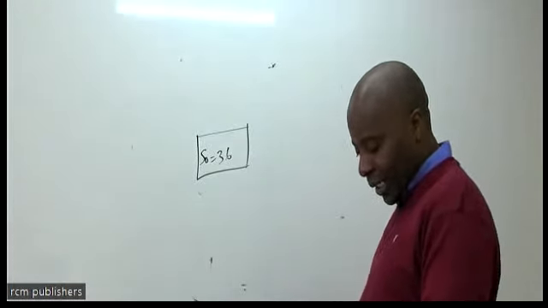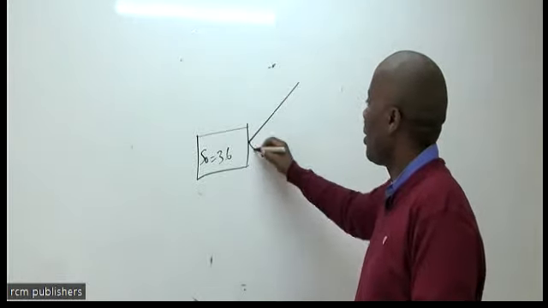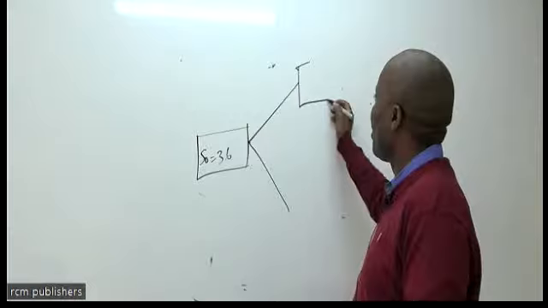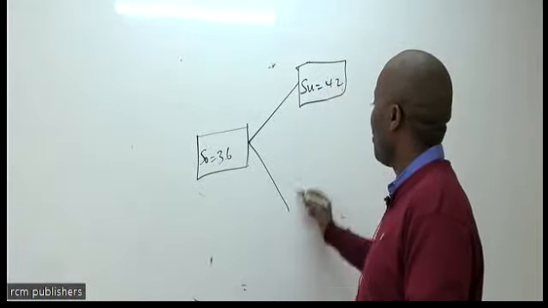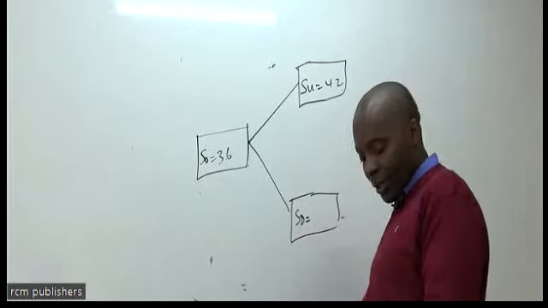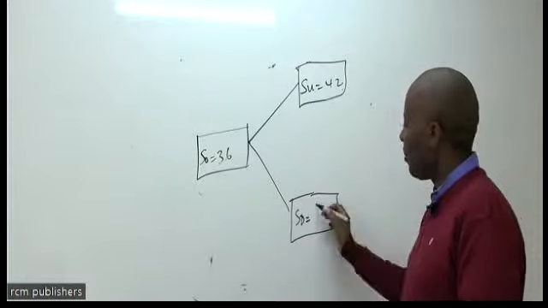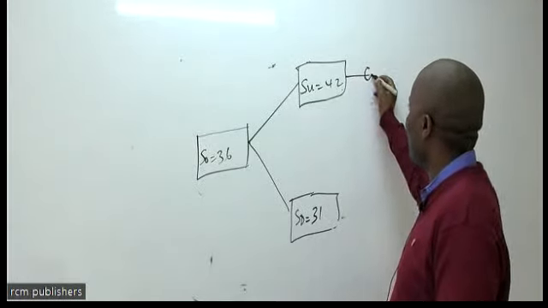And then in the next 6 months, the stock price will either increase to 42. So if it is upward motion, it will be 42. S down will be 31. So come and give me the Cu.